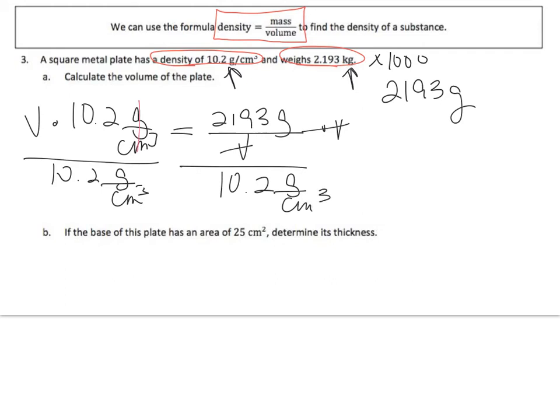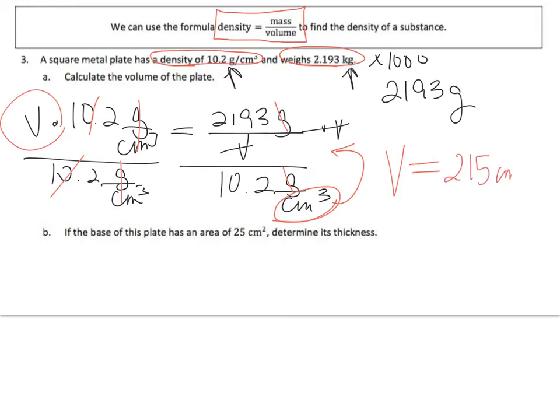If we see here, that all cancels out. I'm left with volume on the left, and my grams cancel out. This moves to the numerator, and I need a calculator. My volume is 215 centimeters cubed. Units are always cubed in volume, squared in area.